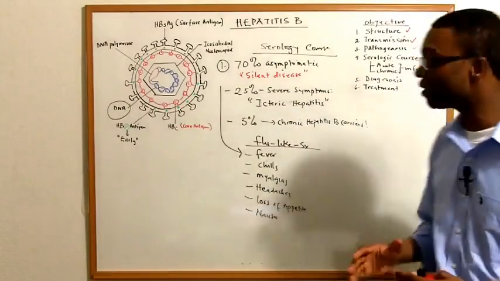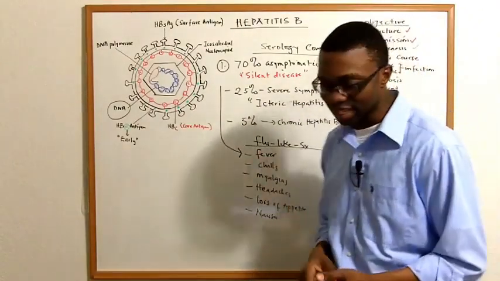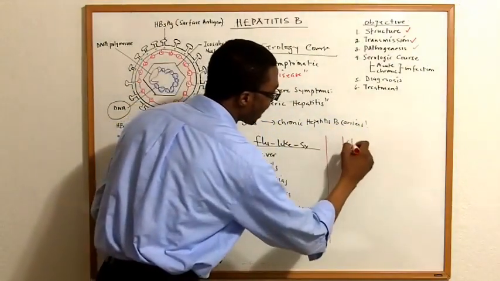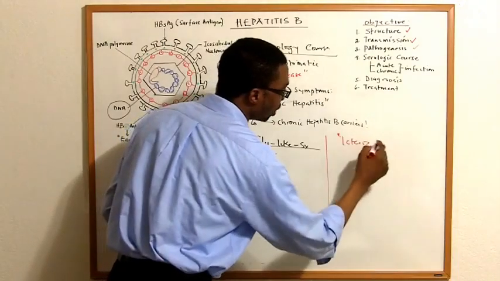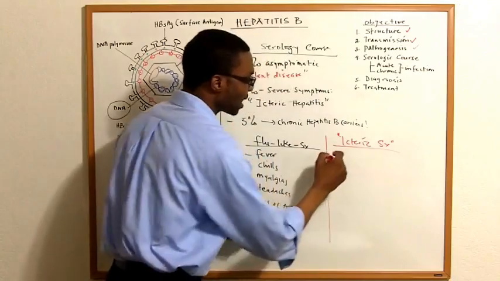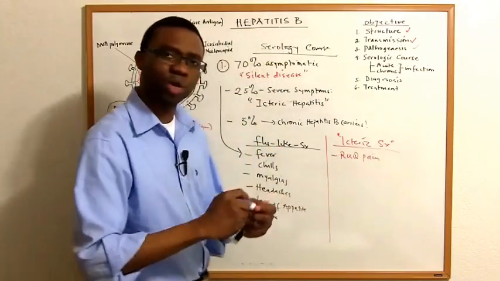However, if we do develop a severe icteric hepatitis, these are the symptoms patients are going to present with. Icteric, from the word jaundice. Patients are going to have right upper quadrant pain. Why do they have right upper quadrant pain?